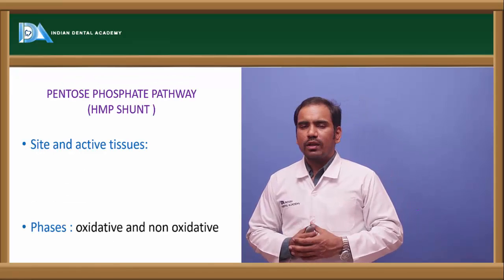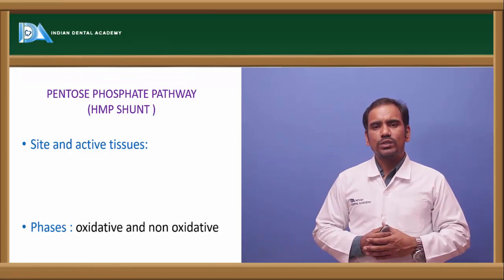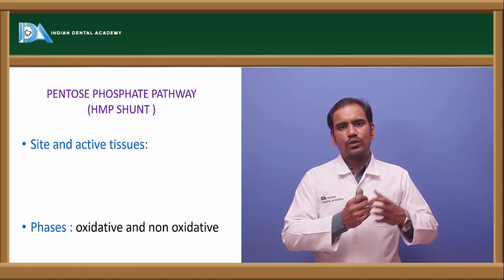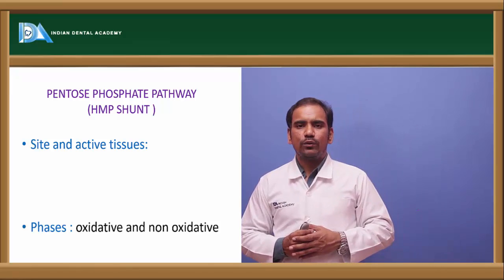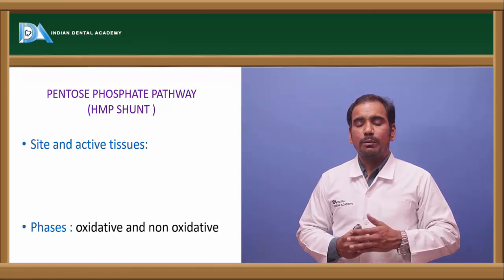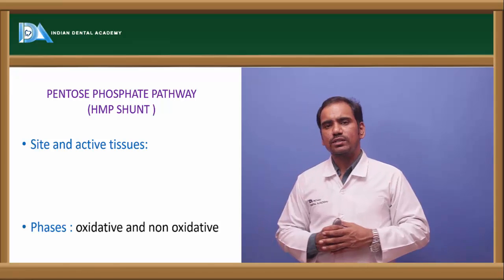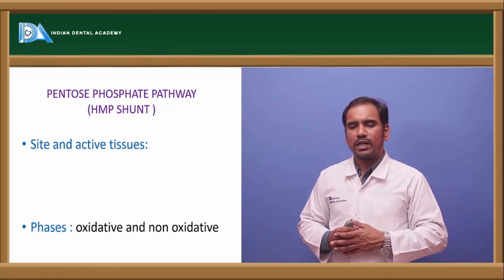Now coming to the other way in which glucose is oxidized. The major way is glycolysis, and the other way in which glucose is oxidized is the pentose phosphate pathway.